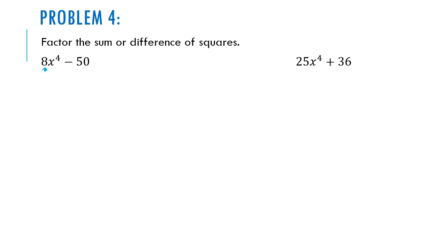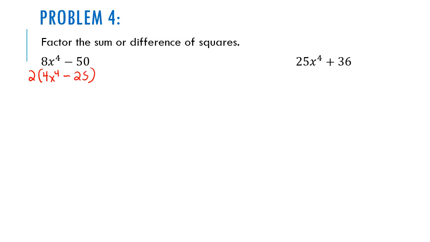That gives me the clue that there's probably a greatest common factor. Now, 8 and 50 are even numbers, so they probably have a GCF of 2. If I take a 2 out, that means 4x to the 4th times the 2 gets me the 8x to the 4th, and 2 times negative 25 gets the negative 50.